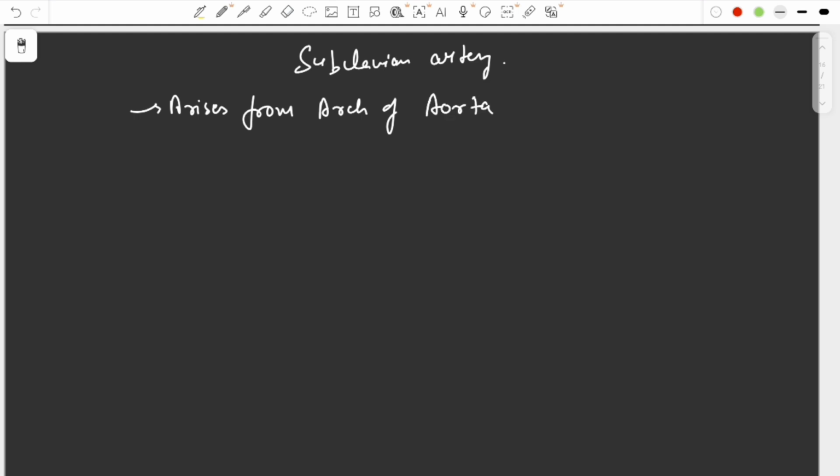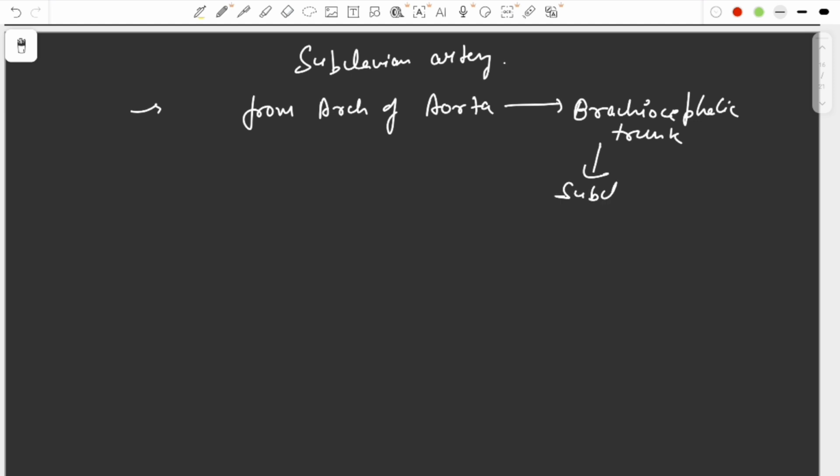Actually, from the arch of aorta arises the brachiocephalic trunk, and from the brachiocephalic trunk arises the subclavian artery.